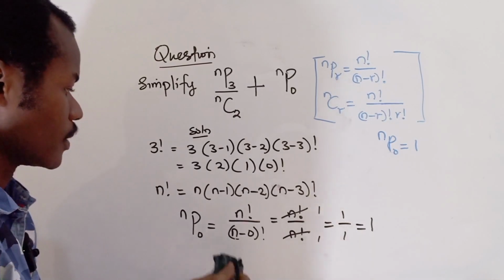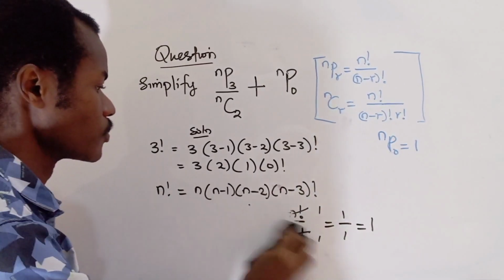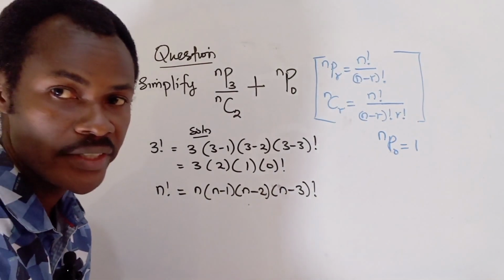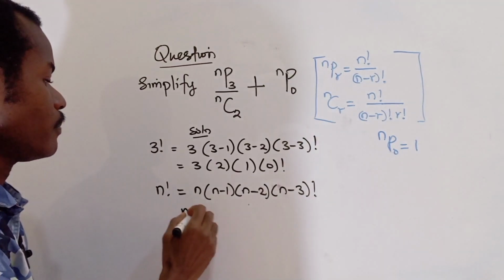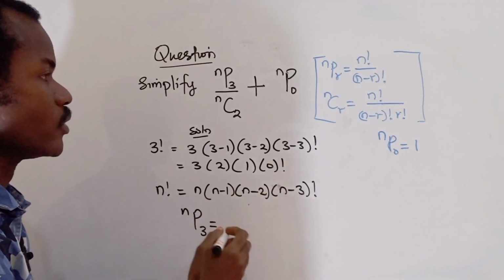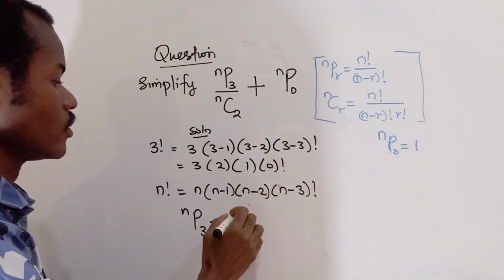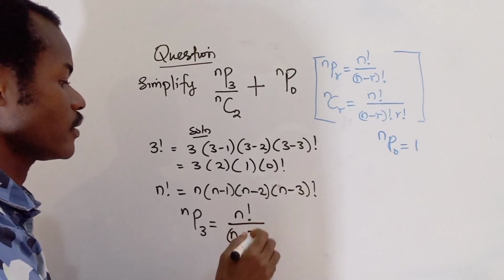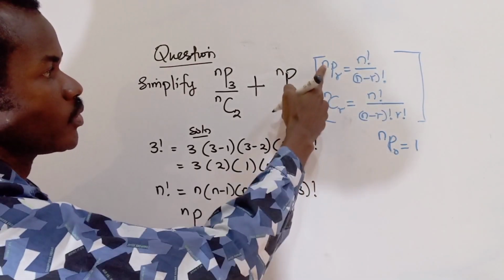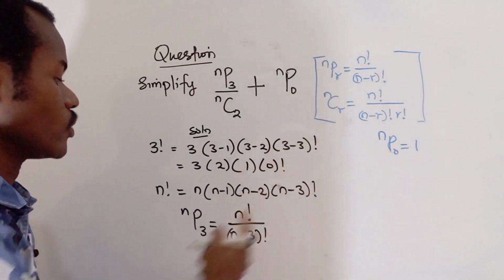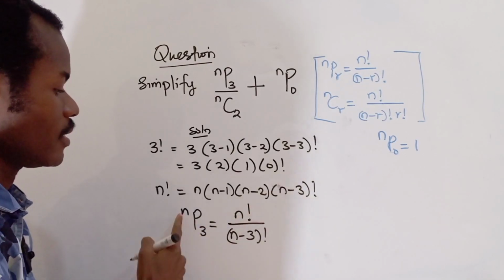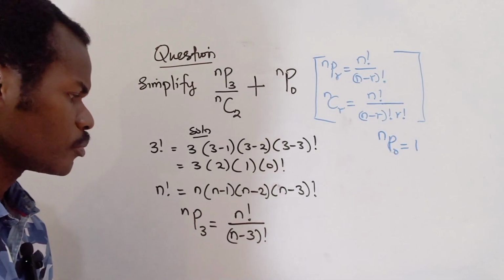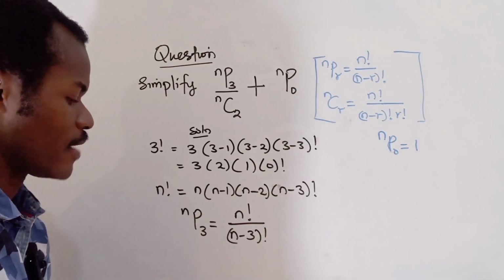Now let's solve the next one, which is our nP3. nP3 is simply going to be, using this formula, n factorial divided by n minus 3 factorial. We can now simplify further.